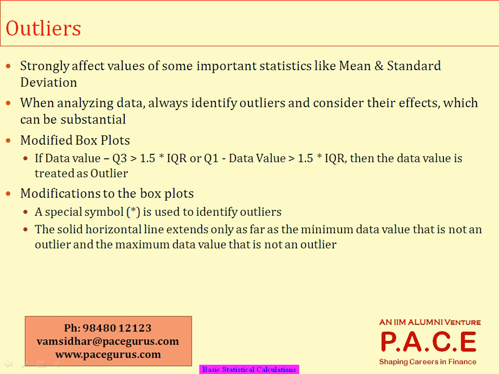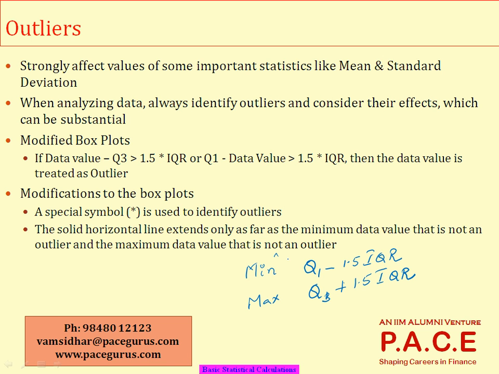But sometimes it's also used to identify the outliers. The way people have modified the box plot for the identification purpose is, instead of taking the minimum and the maximum of the data, for the minimum they have gone with Q1 minus 1.5 times the interquartile range, whereas for the maximum they said Q3 plus 1.5 times the interquartile range.